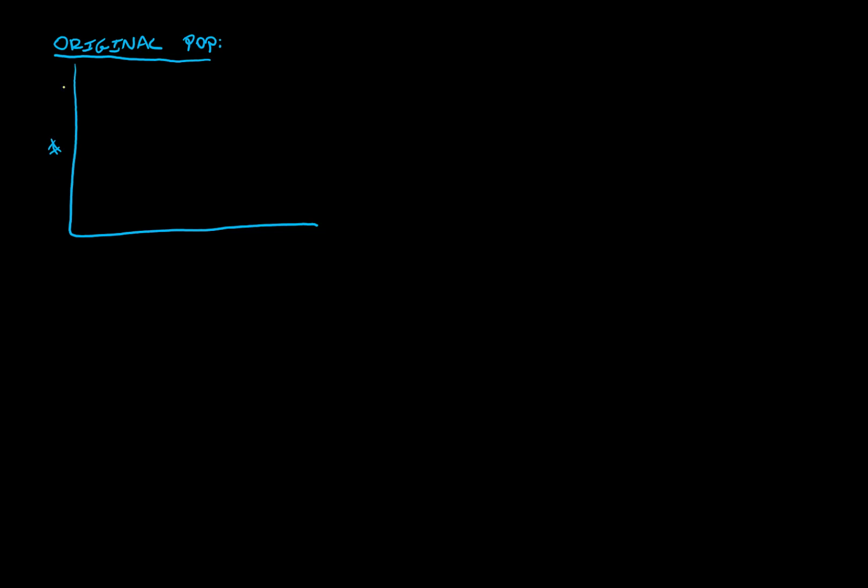Number of ravens over here on the y-axis. And then on the x-axis, it's going to be approach time or approach score. In our original population, we have pretty much a normal distribution of approach scores.